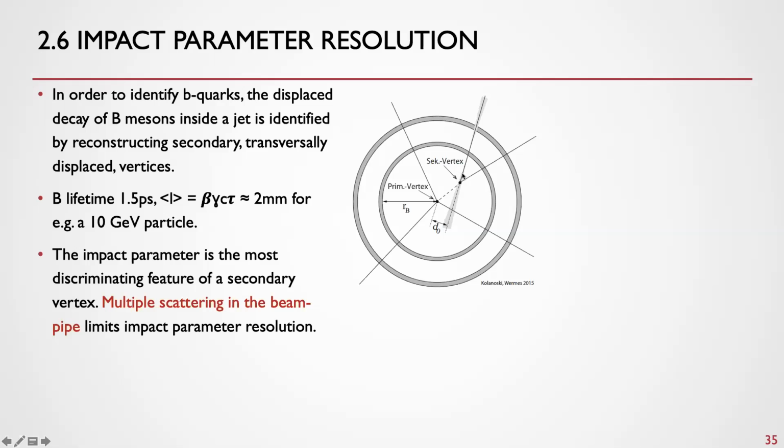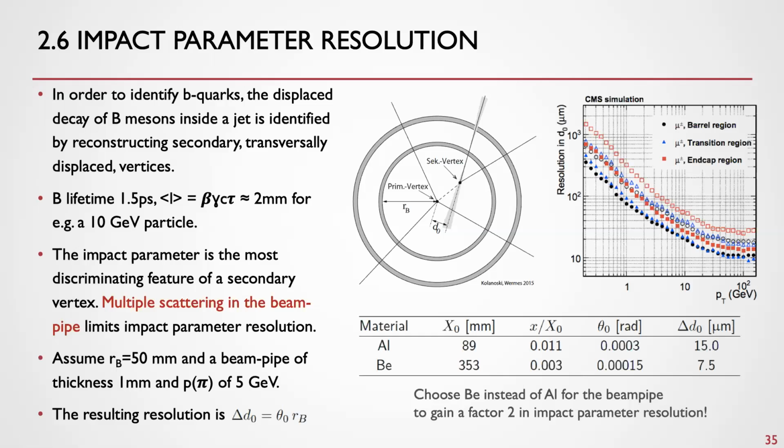Now, the example given here is a 10 GeV B meson with a 1.5 picosecond lifetime and a 2 millimeter expectation for the distance of travel, the beta gamma c tau. And by measuring that accurately, we can infer the presence of the secondary vertex.